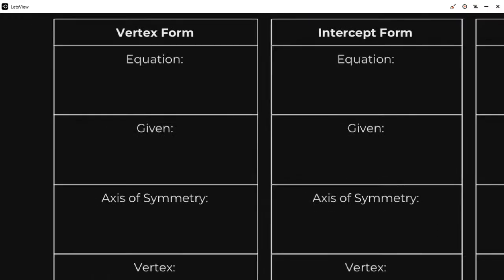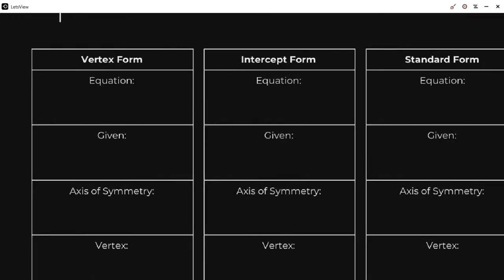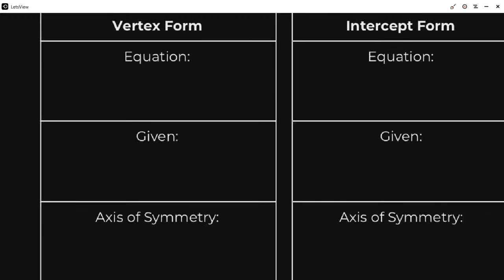Okay, so next we have the 3 different forms and some different information. So I'll start with vertex form. The equation is f of x equals a times x minus h squared plus k. So what's given in this form is the vertex, and that's why it's called vertex form.